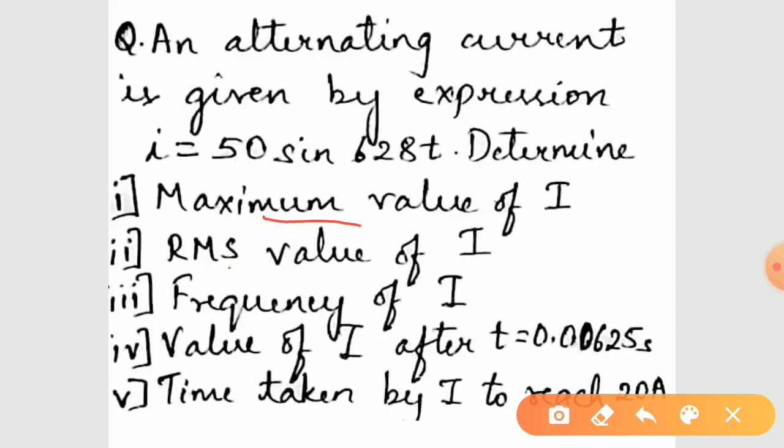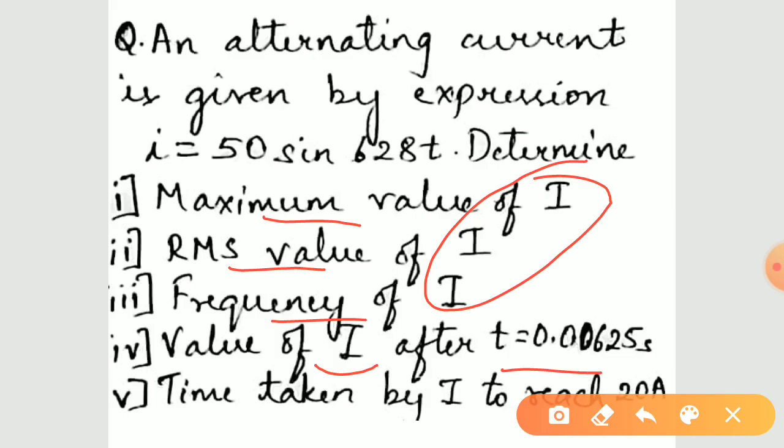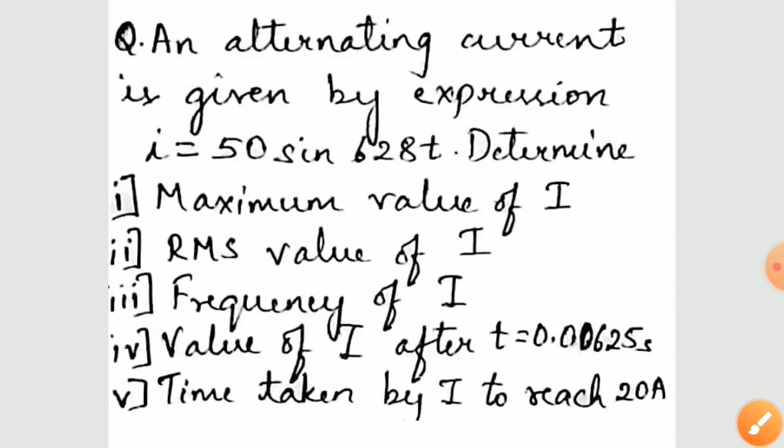Maximum value, RMS value, frequency of current are to be found out. The value of current after a time period is to be calculated and time taken to reach 20 ampere by the current is also to be found out.